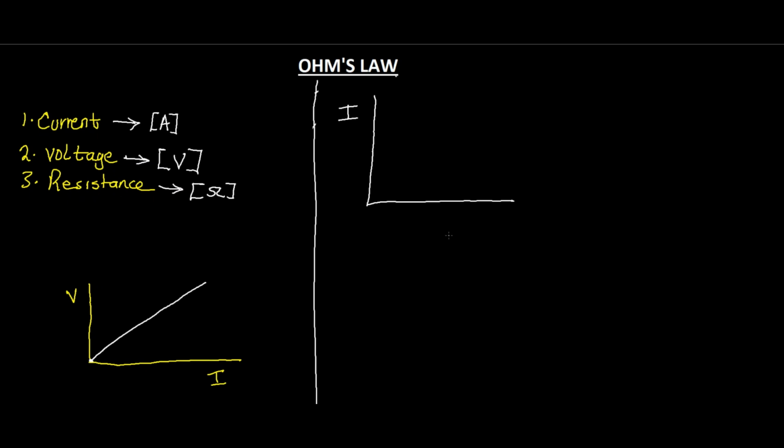If you're told against something, then the quantity that comes after against is always found on the x-axis. So it's current, which is on the y-axis, against voltage, which is on the x-axis. So if you are told to plot a graph of this kind, how are you supposed to know the nature of the graph? Now let us use the previous formula that we used.